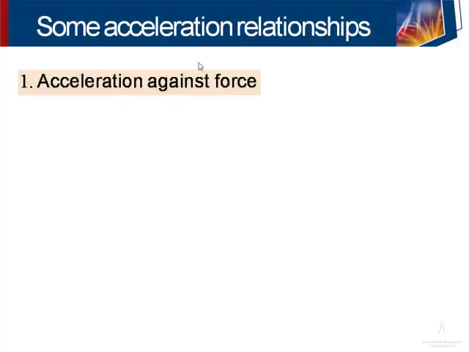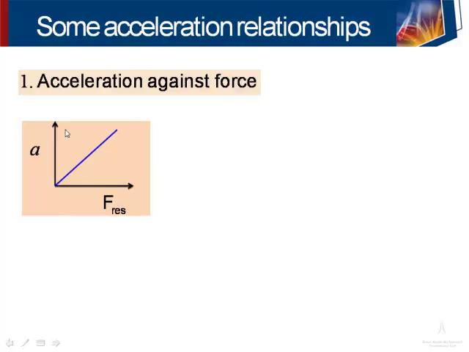We're now going to look at some acceleration relationships, the relationship of acceleration to force and to mass. Firstly, let's look at acceleration against force. If we plot a graph of the acceleration and the resultant force, acceleration on the y-axis and resultant force on the x-axis, we can see a straight line graph passing through the origin.